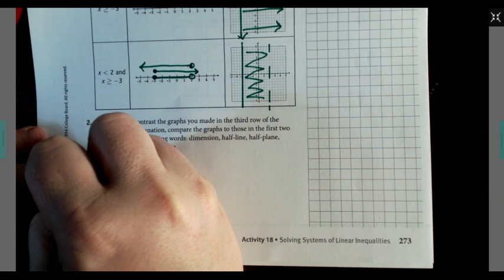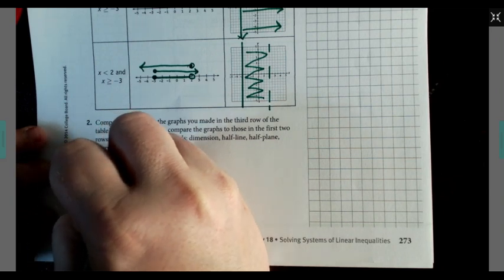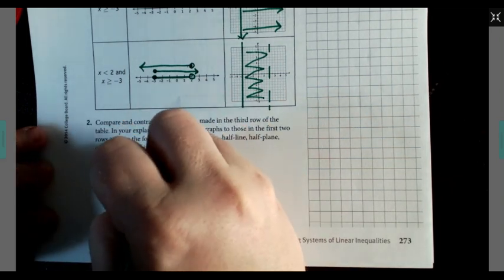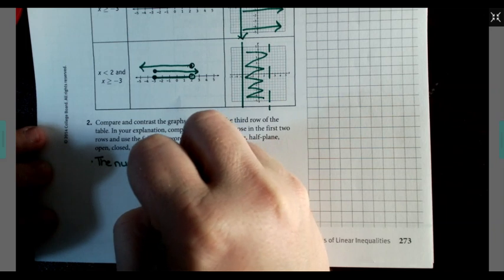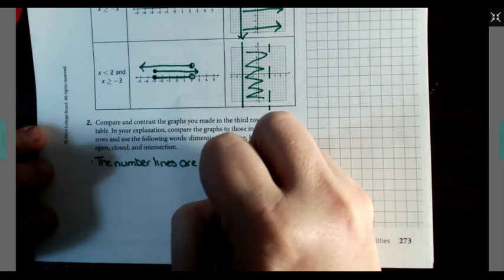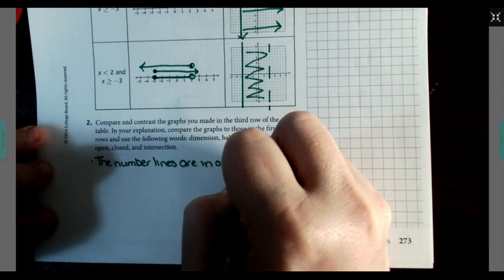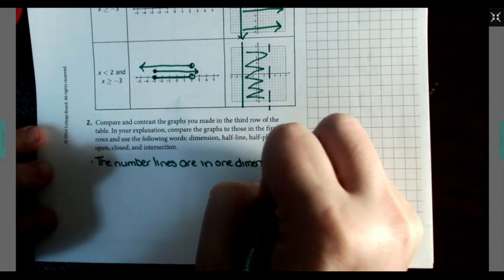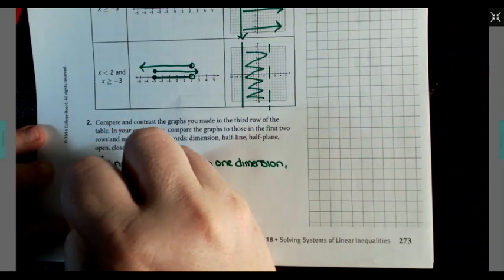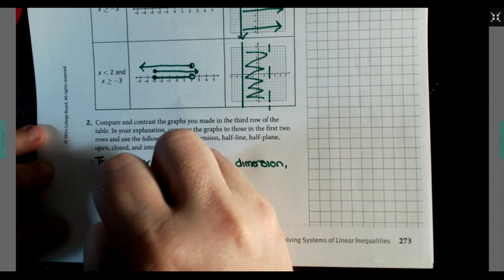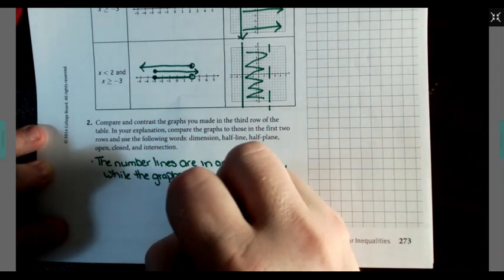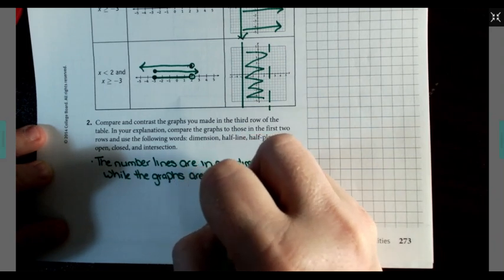The number lines are in one dimension, while the graphs are in 2 dimensions.